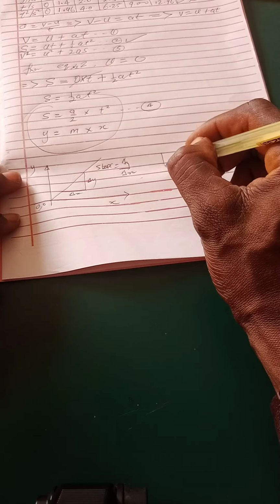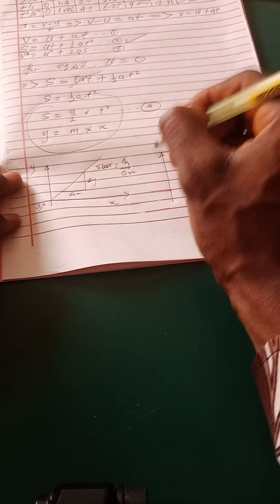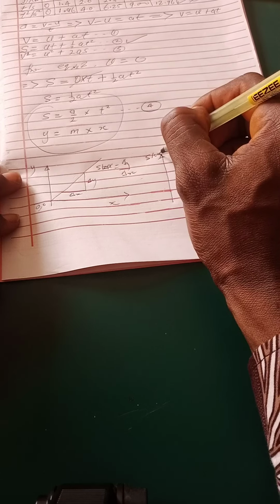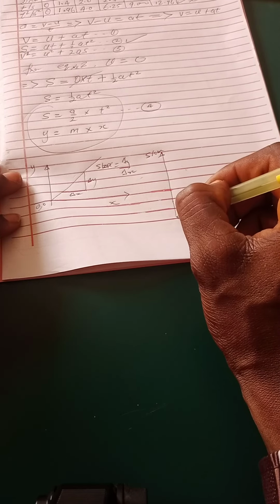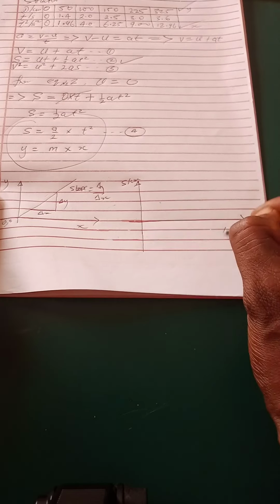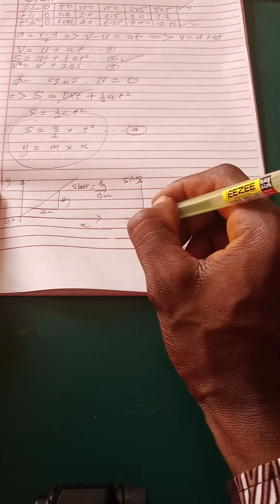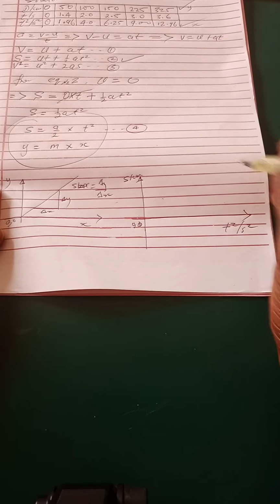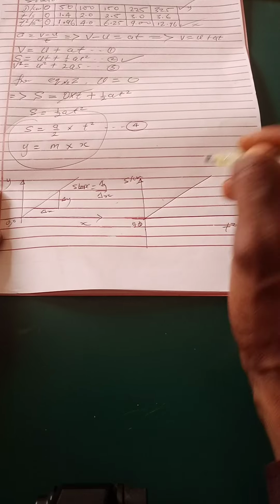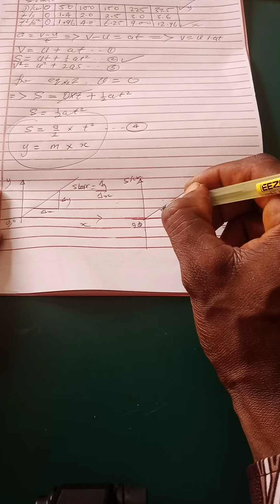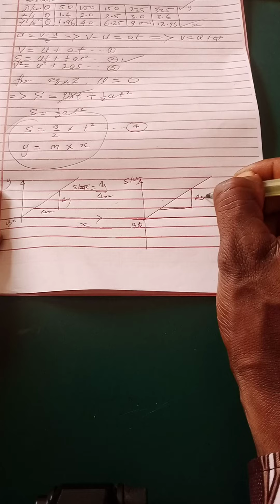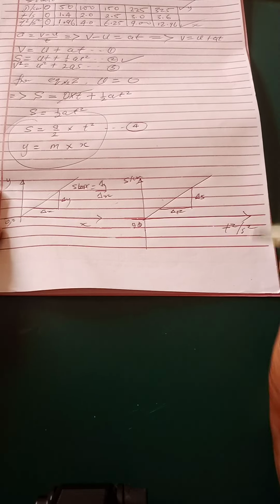So in this case, what we are going to have here is something like this. We're going to have this up here will be our distance in centimeters, and then because they are starting from the origin, we go this way, and this will be our t squared over seconds squared, 0, 0. They will both start from the origin, and the graph will pass through the origin, and the slope of this graph will be change in distance over change in t squared.